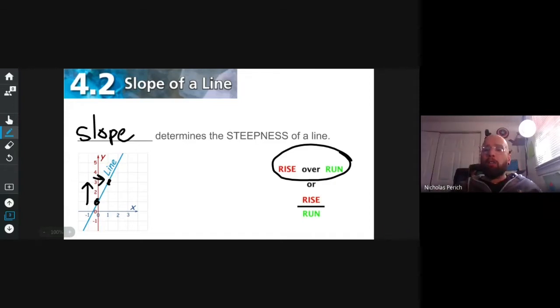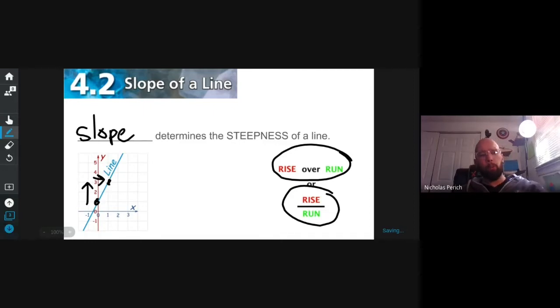So rise over run is literally a fraction. So if you're wondering why Mr. Parrish forced all of these improper fractions on you, that's why. Because rise over run is a fraction, numerator over denominator, nothing else. No mixed number. That's slope. Okay?